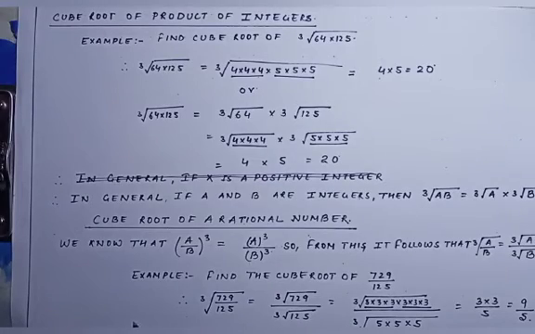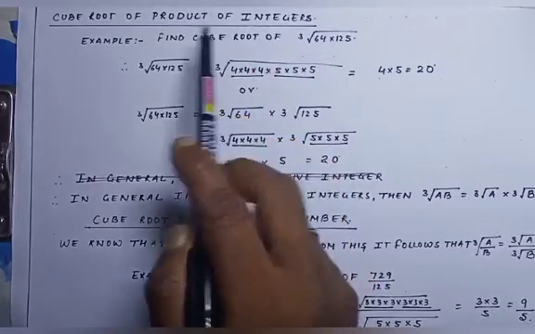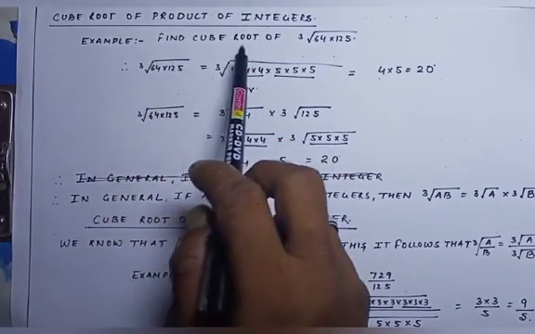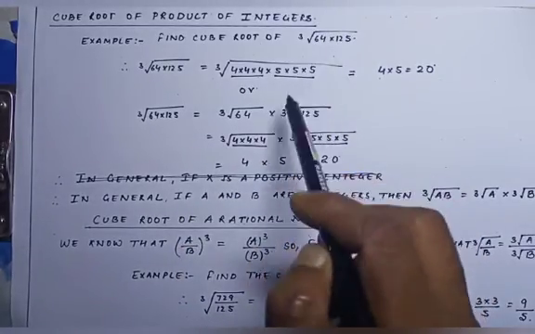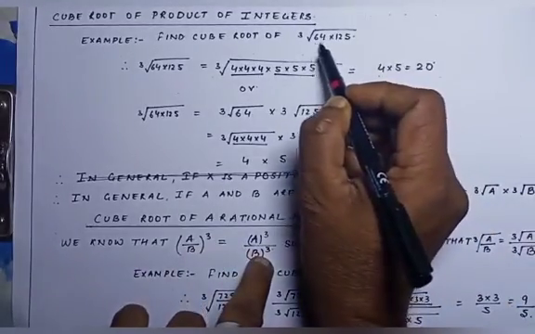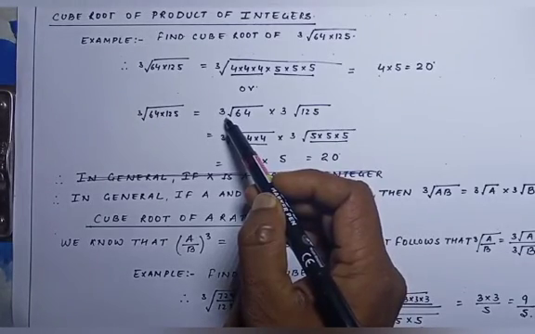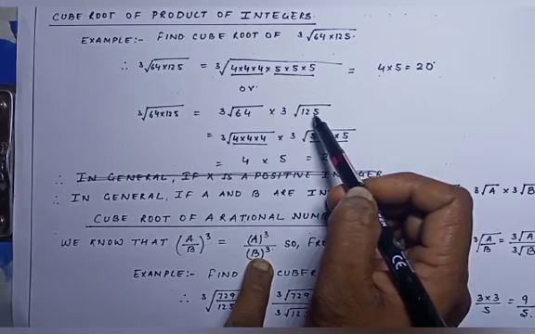Let us move to another topic, that is cube root of a product of integers. Let us see with the help of an example. If I have to find the cube root of 64 into 125, the first thing that we are going to do is separate both the terms in this manner. So it can be written as cube root of 64 into cube root of 125.